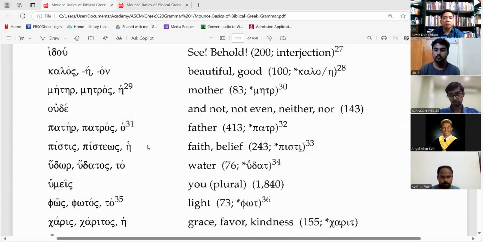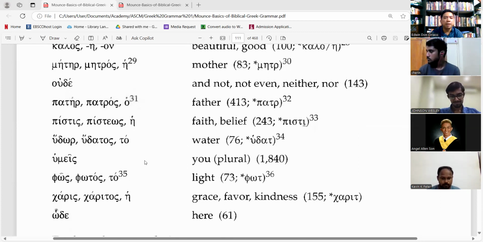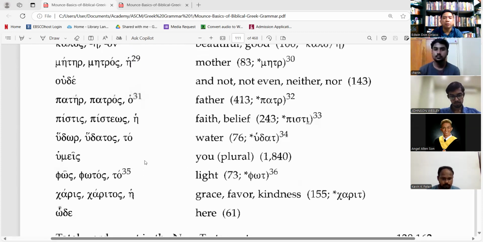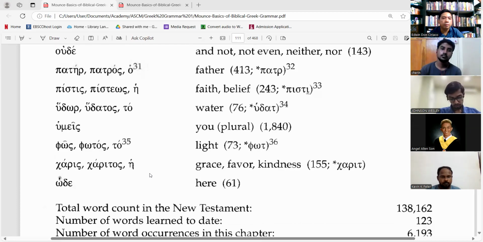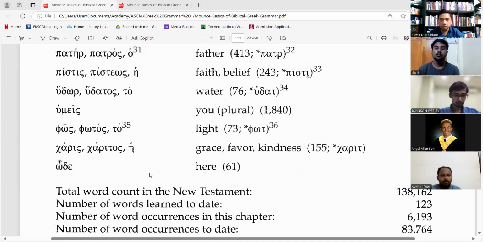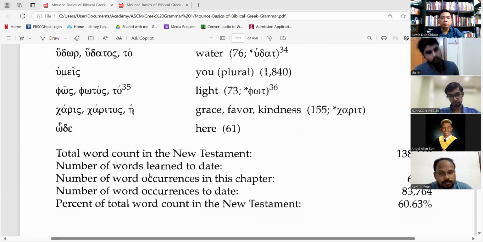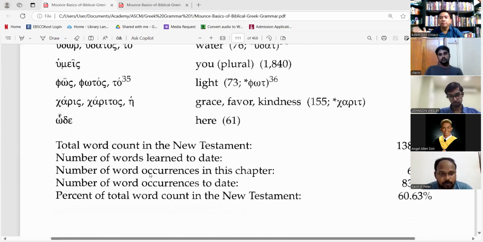And then kalos is beautiful. Meter and then metros is mother. Oude, not even or neither. Pater, patros, patri, father. Pistis or pisteos, faith, belief. Hudor, hudatos is water. And then humeis, the second person. And what is the first person? Hemeis.